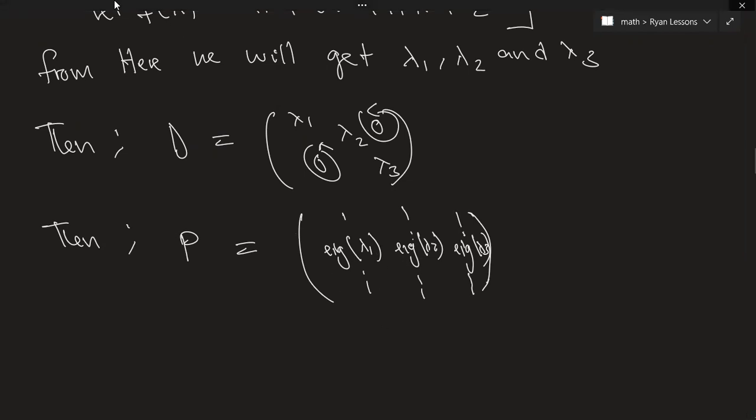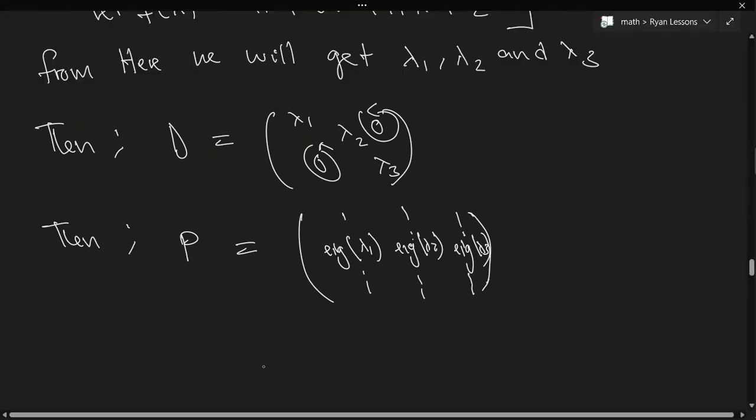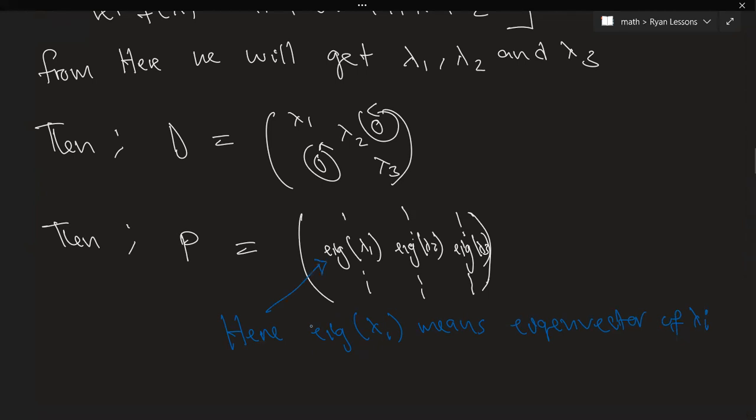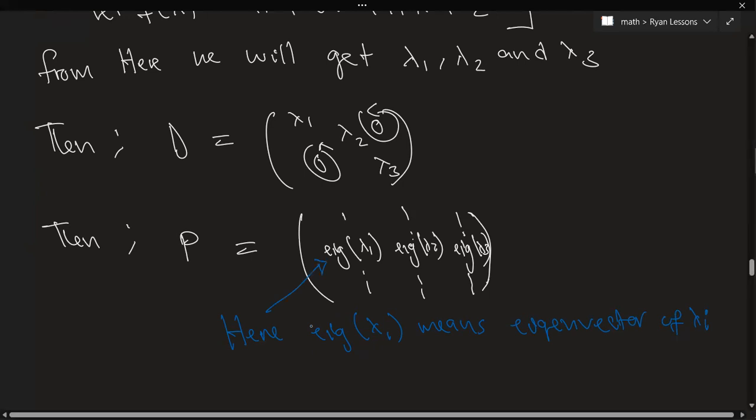So let me write down: v_i means the eigenvector of lambda i. So when you get all your eigenvectors, you just arrange them in columns. They form what we call the matrix P.